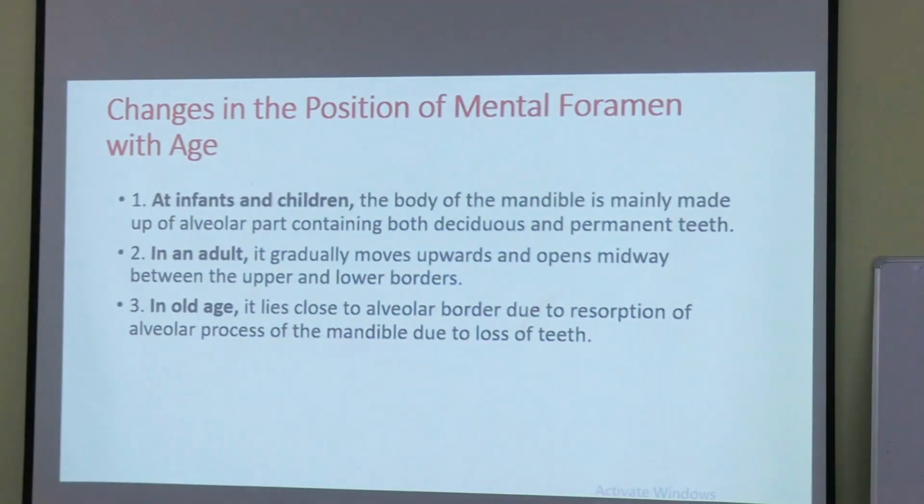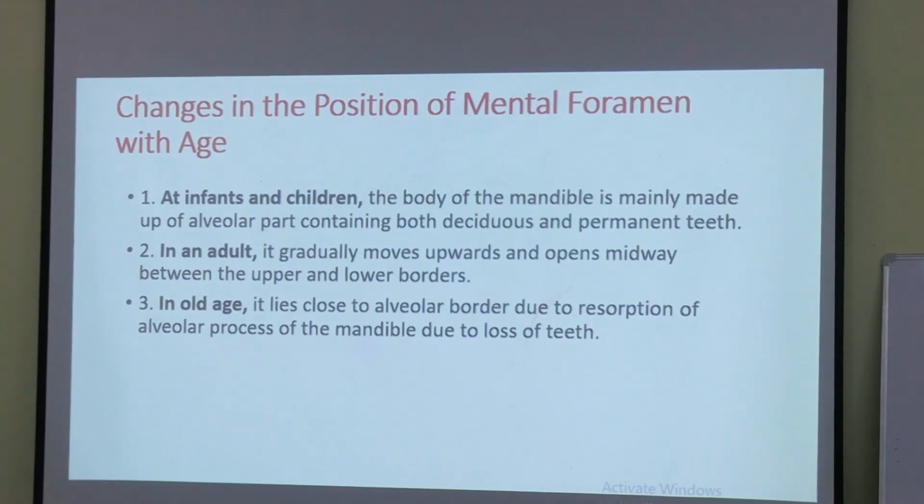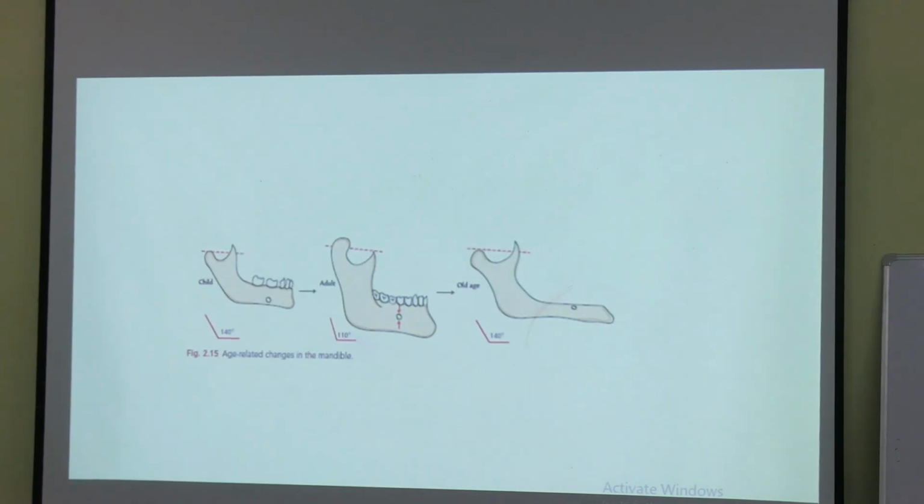So in infants it is lower, in adults it is at the midline, and in old age it is upper.